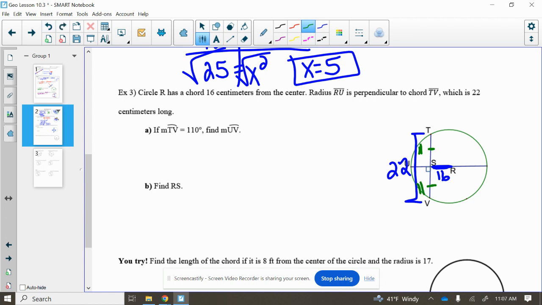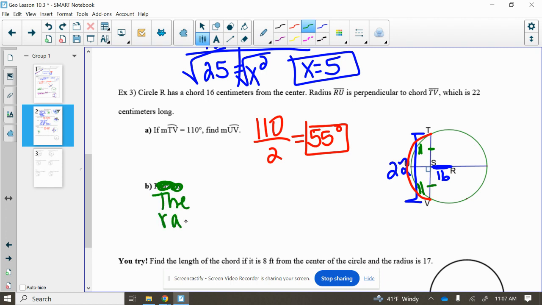Now from there, if we want to, again, start off, they gave us the whole arc here. T to V is 110. We can cut that in half then to just find U to V. And then if we're looking for the radius of this circle, we know that we can draw in a radius here from T to R, and that would be the hypotenuse of this.